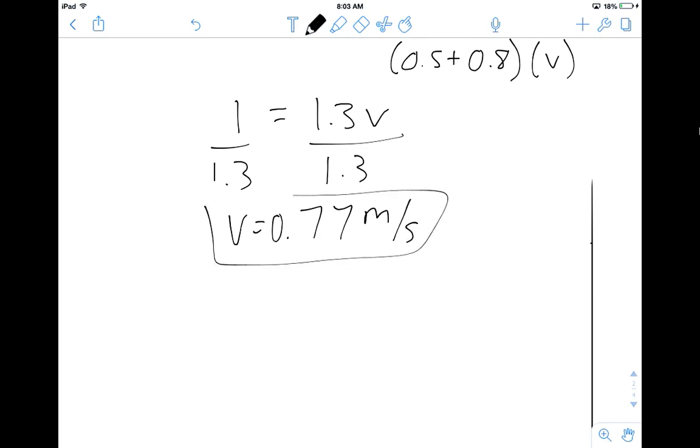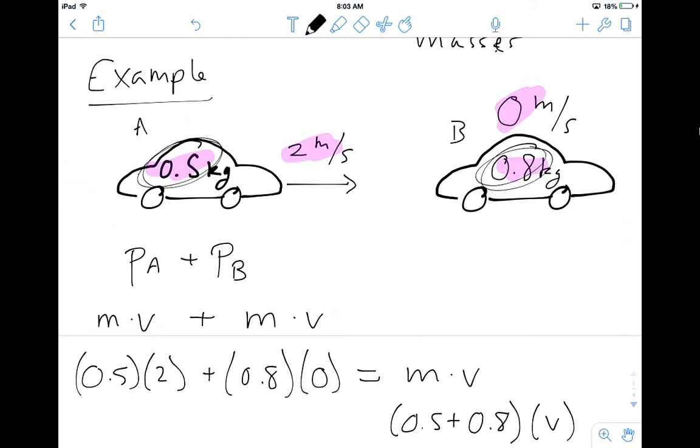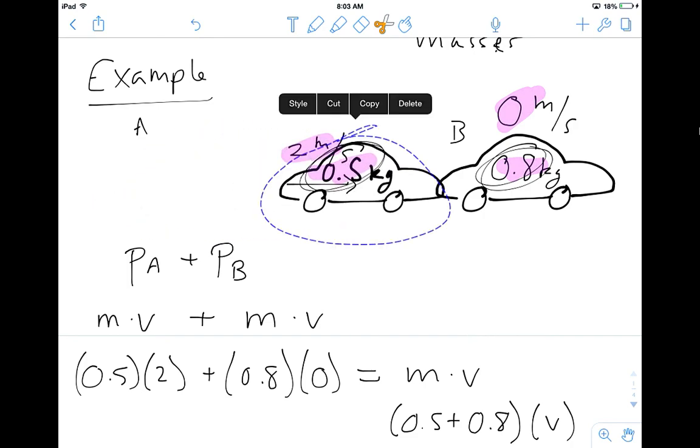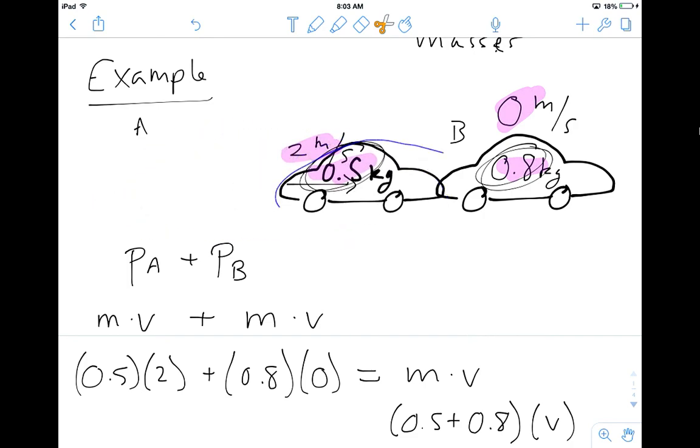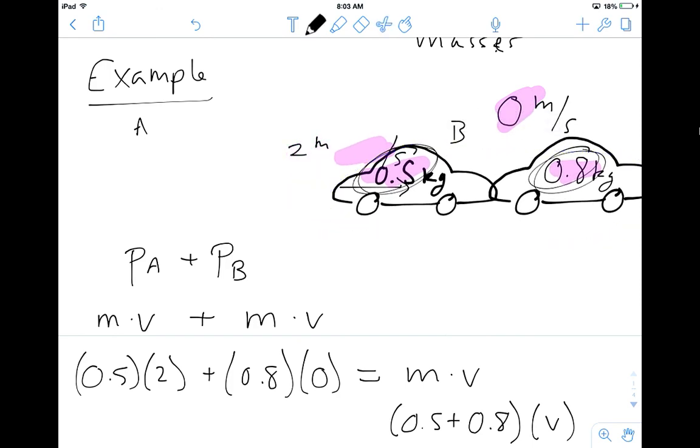And so what that means is, if we go back up to the top, that my two cars, so this car, when it hits that car, then the two cars together are going to keep moving with a velocity of 0.77 meters per second. Okay, try a couple on your own.